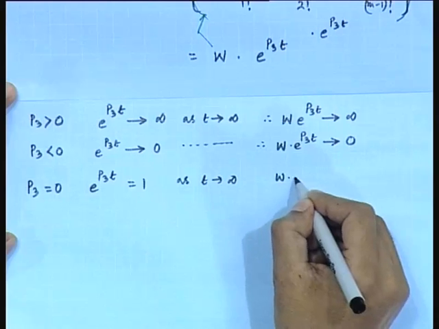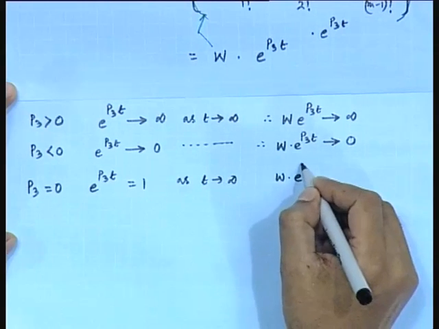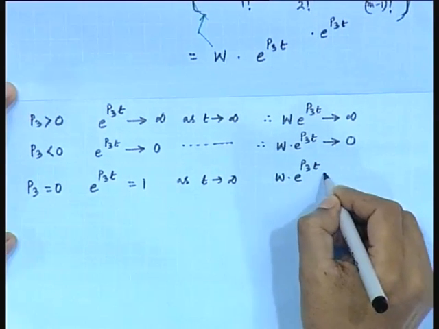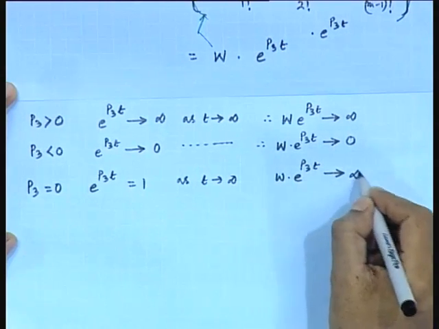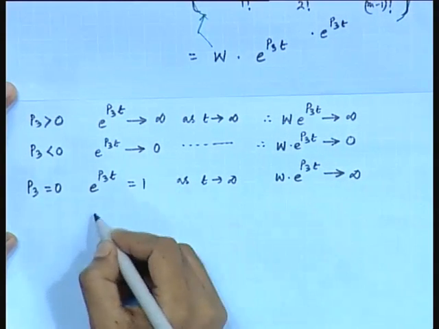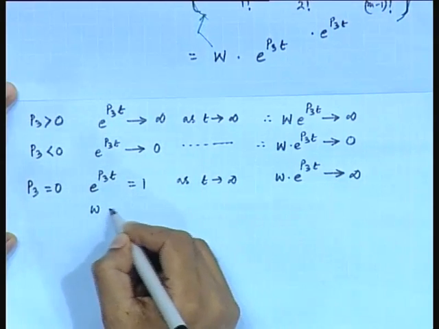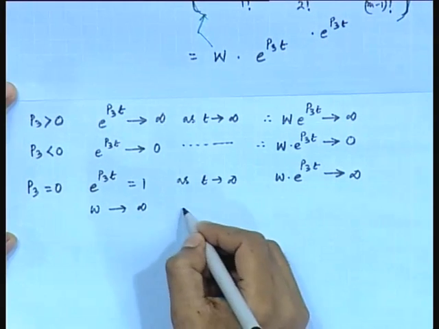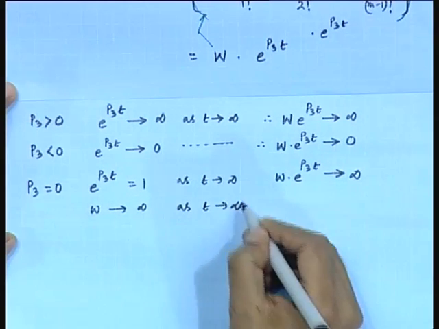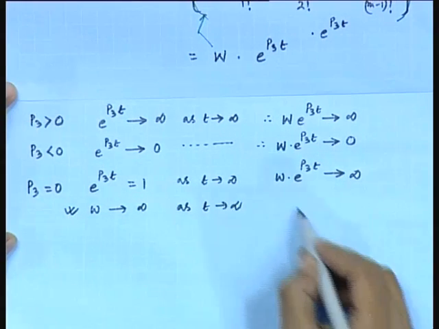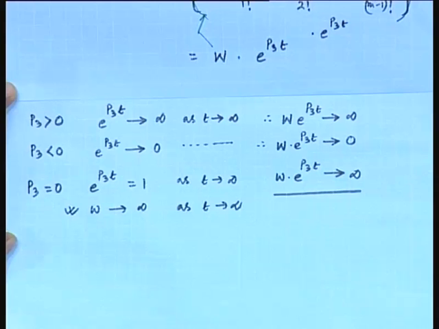So, what about this w multiplied by exponential of P3 t? It grows to infinity due to this w as t tends to infinity.